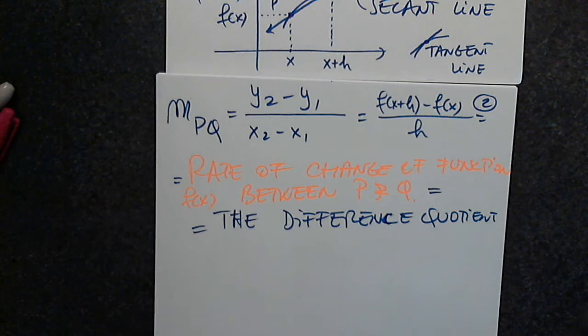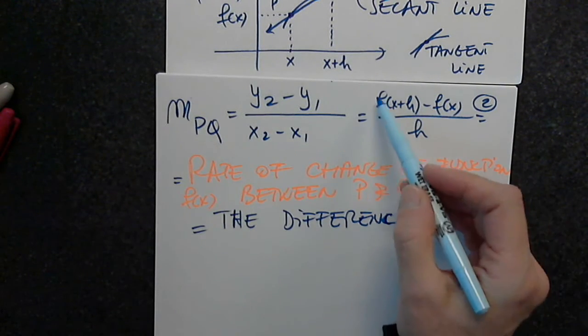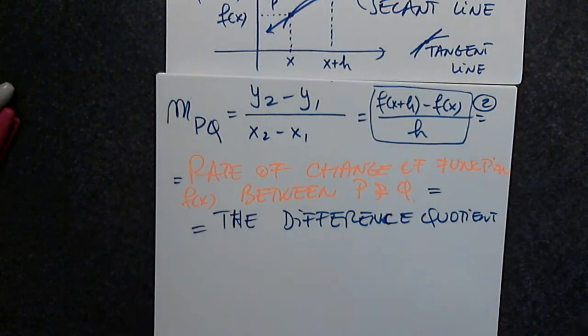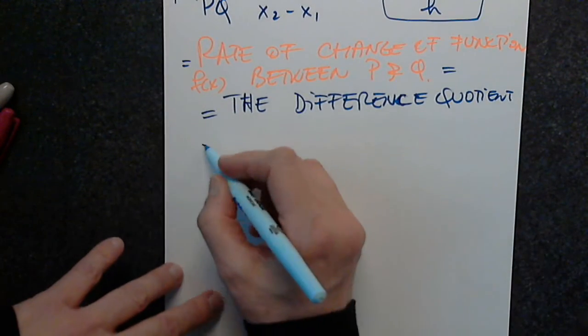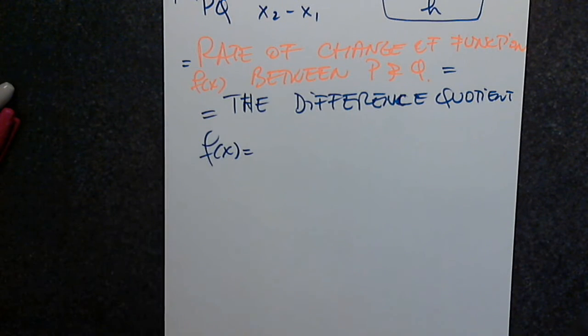The difference quotient, this ratio, you do not have to memorize it. It will be given to you in all problems. So this is the difference quotient for any function. Okay, so give me a quadratic function so we can calculate the difference quotient for the function you pick. Just any quadratic function you can think of.